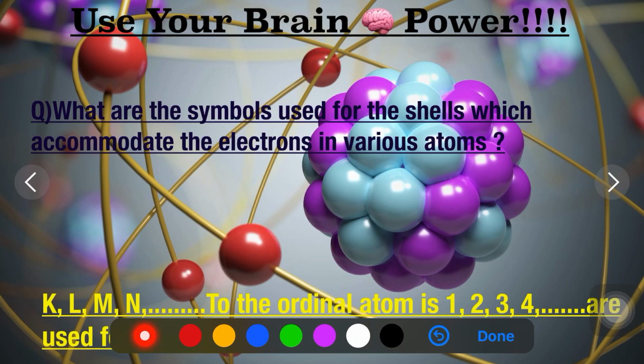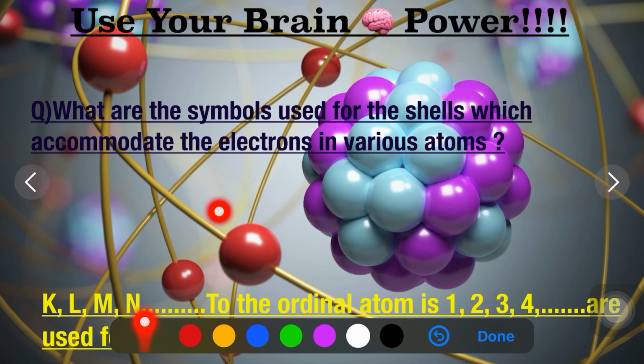What are the symbols used for the shells which accommodate the electrons in various atoms? Students, think. Okay, here is the answer. K, L, M, N, or the ordinal numbers 1, 2, 3, 4 are used for the shells.